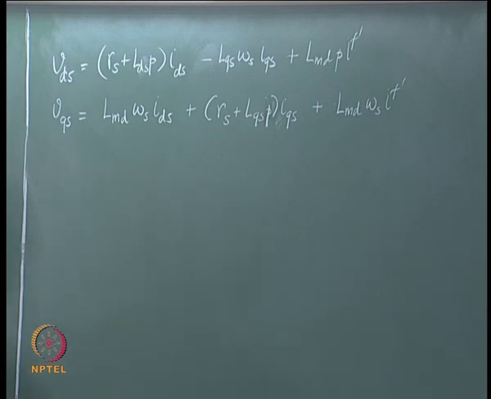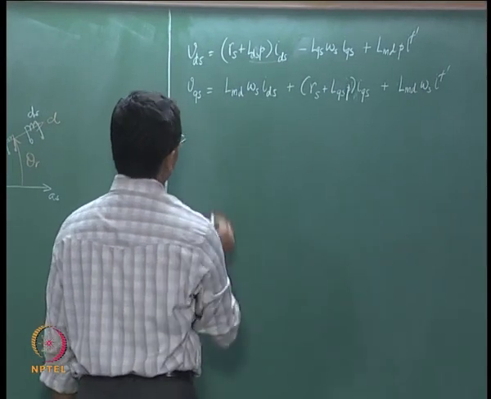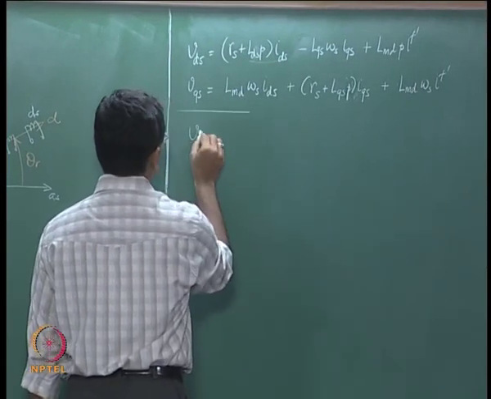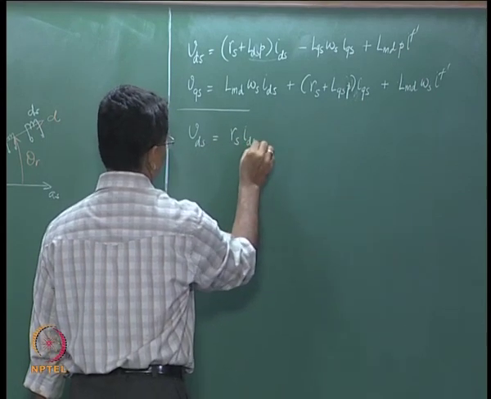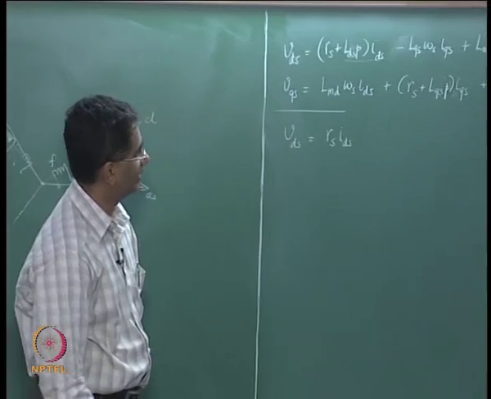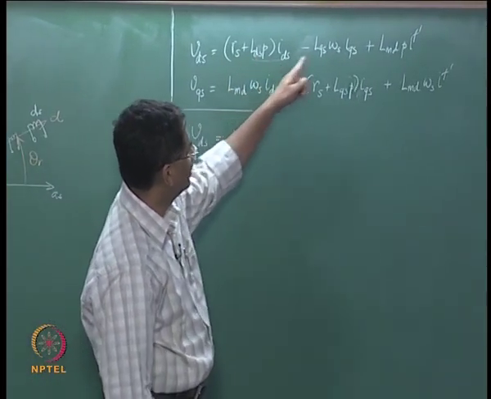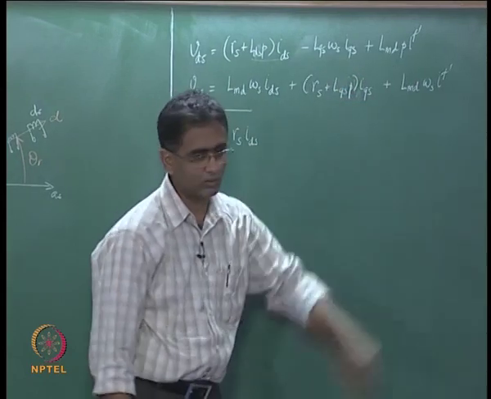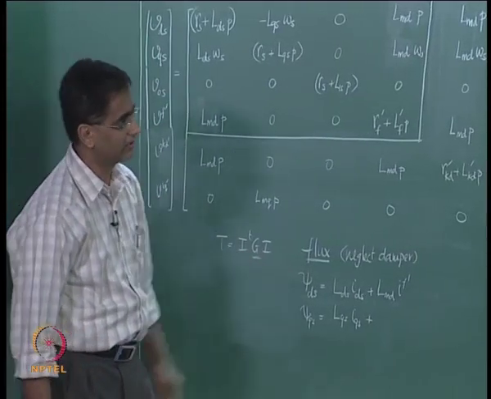and what we see here is you have LDS into IDS. So, let us rewrite that. VDS, we will take the stator resistance term out, so that is Rs into IDS, and then you have LDS into IDS plus LMD into IF, which is the same as your stator d axis flux linkage.